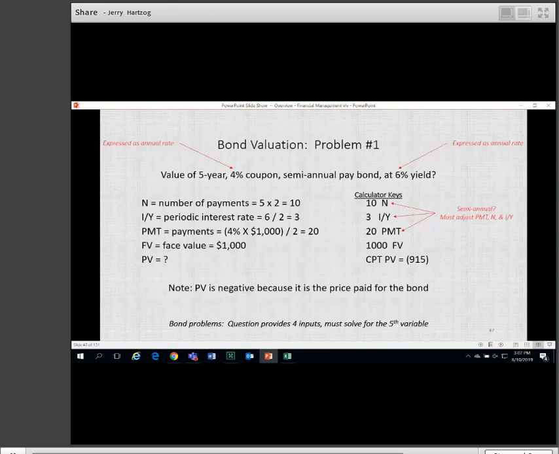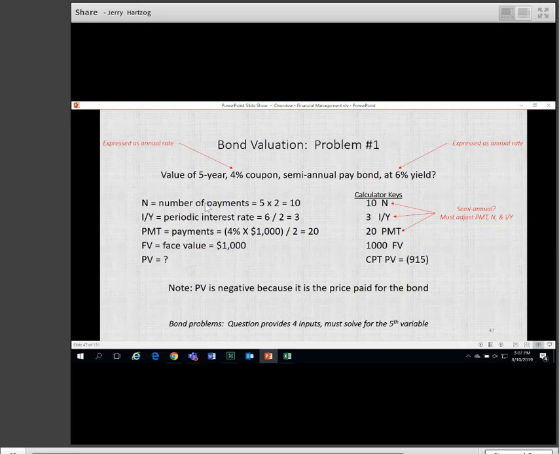So let's look at a typical bond valuation problem. Let's suppose we want to determine the value of a 5-year, 4% coupon, semi-annual pay bond at a 6% yield. So first thing, let's figure out what all those keys, the white keys, how do we define them?